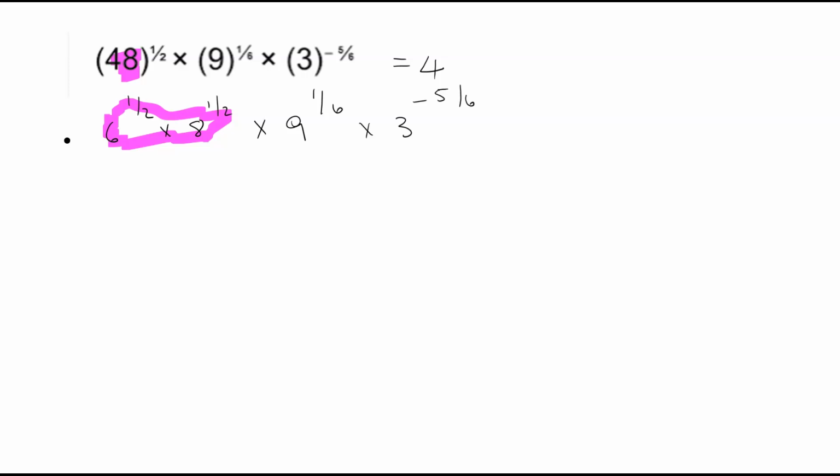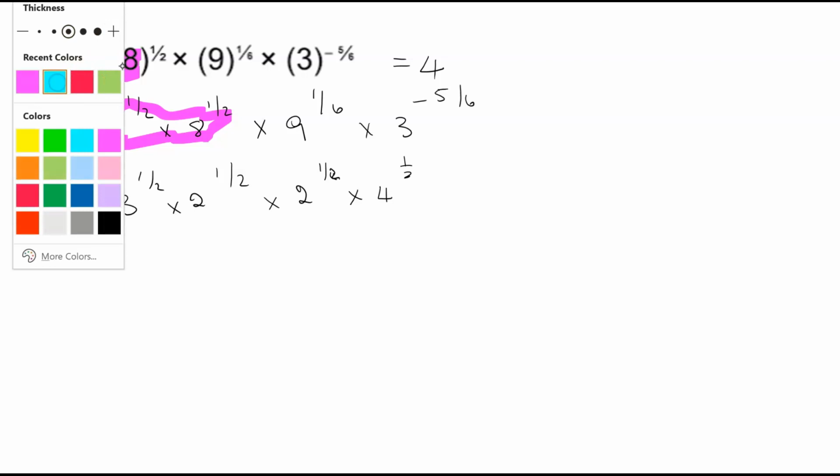Now I can split 6 to the half into 3 to the half times 2 to the half, and I'm going to split 8 to the half into 2 to the half times 4 to the half. So can I do colours?